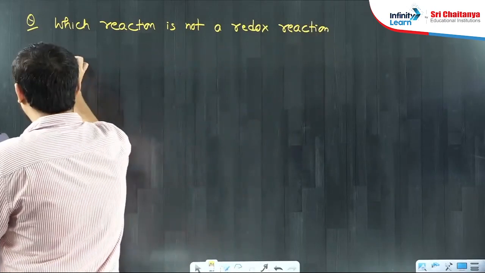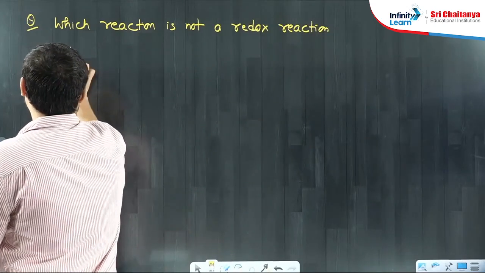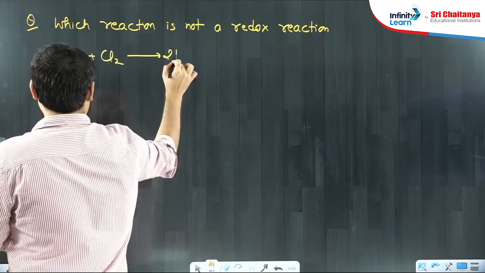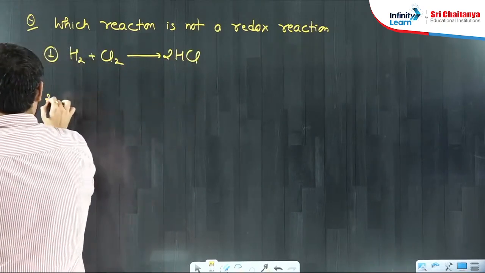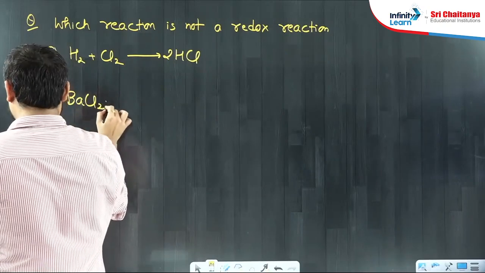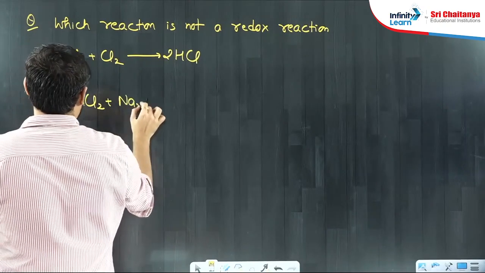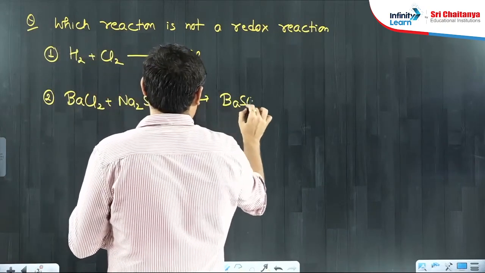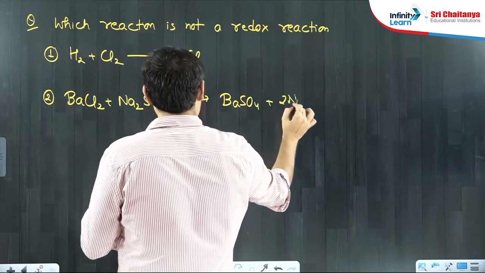Option first is H2 plus Cl2 gives 2 HCl. Option B is barium chloride plus sodium sulfate gives barium sulfate plus sodium chloride, a double displacement reaction.